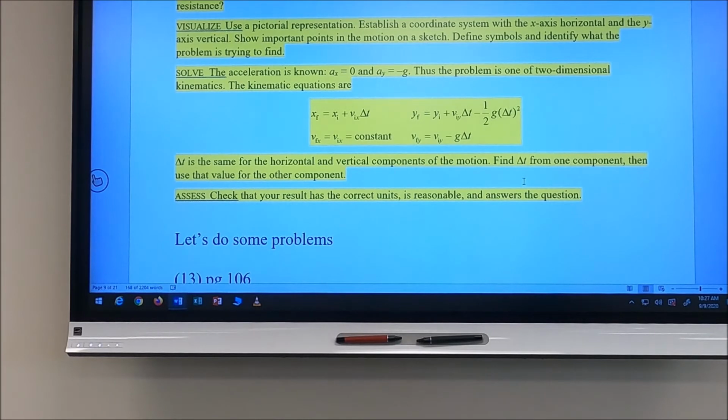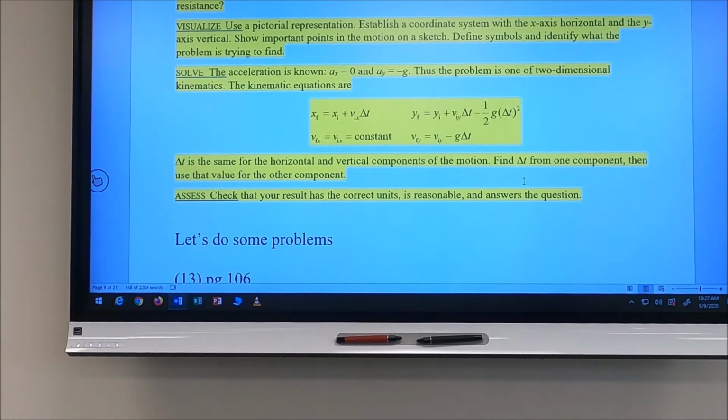It's very important to do your sketch and lay things out on there and put all the information that you need or you can get onto your pictorial representation. When you get ready to solve, you want to remember the acceleration in the x direction is 0, acceleration in the y direction is minus g. So you end up with two one-dimensional kinematic problems that you're trying to solve simultaneously.